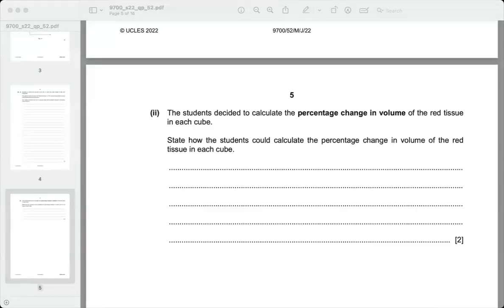As I mentioned in all my videos, and I keep reiterating, please make sure you mark the things which you have to do. So it says here, calculate the percentage change in volume of the red tissue in each cube. State how the students could calculate the percentage change in volume of the red tissue. Whenever we are talking about percentage change, in this case, there are no values given to us.